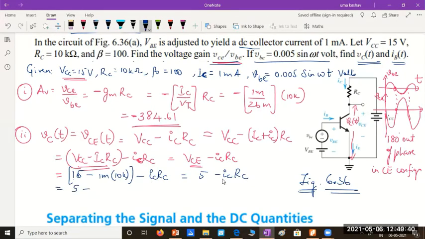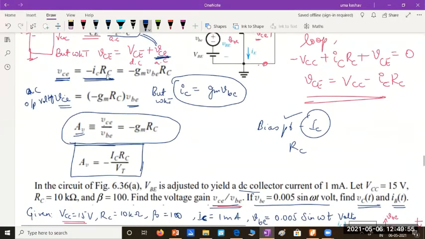what can I write this small ic as in terms of the input signal? Small icRC, we simplified this here. Small icRC is minus GM VBE into RC. Yes or no? Small ic could be written as GM into VBE.